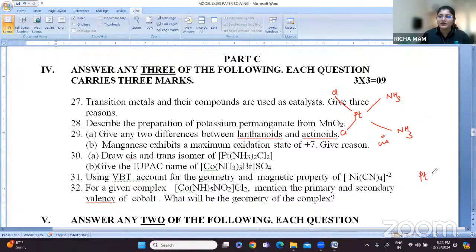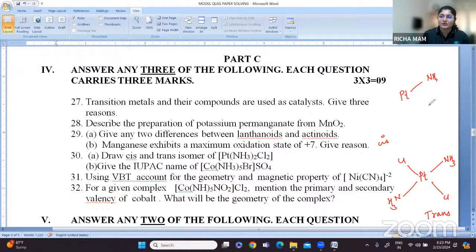And when they are on the opposite side, it is trans. So this is the cis and trans.